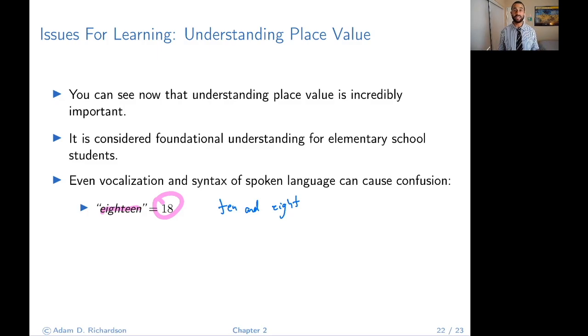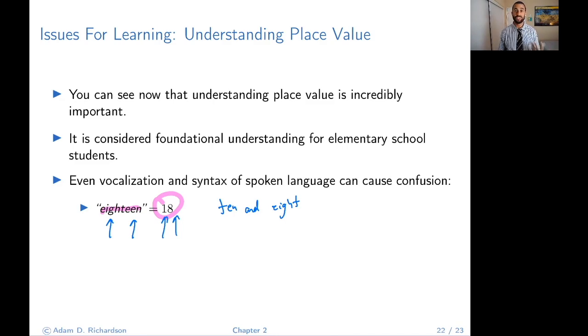That's what it means to have 18 objects. You've got 10 objects, and then you've got 8 more objects. That's 18, right? But notice that it's kind of backward because we're saying 10 on this side and then 8 on this side. But we pronounce it as 8 on this side and 10 on this side. So it's like switched, right?